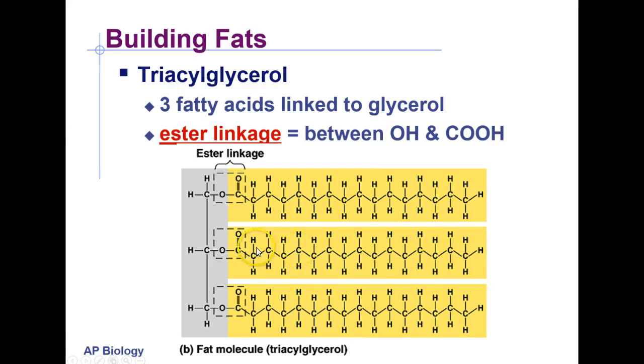So that would mean that we would have to do 3 dehydration syntheses to make this whole molecule. When we join an OH with what's called a COOH group here, that's called an ester linkage. In a carbohydrate, it was called a glycosidic linkage.